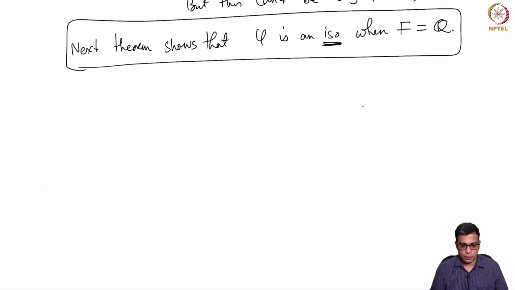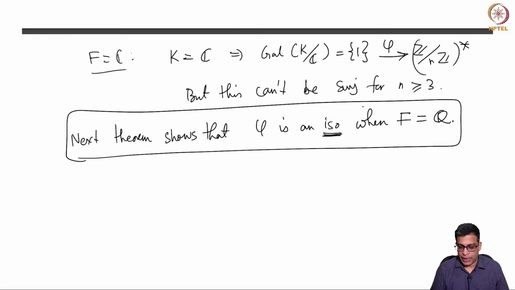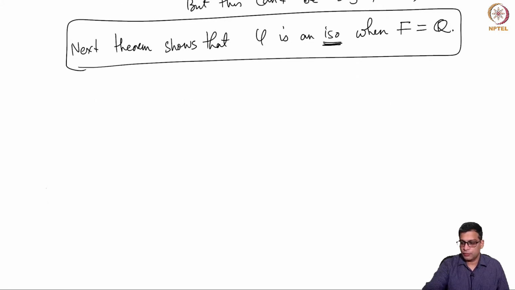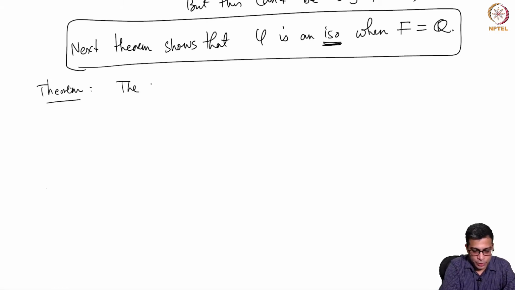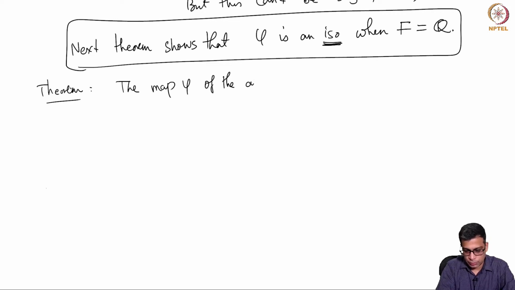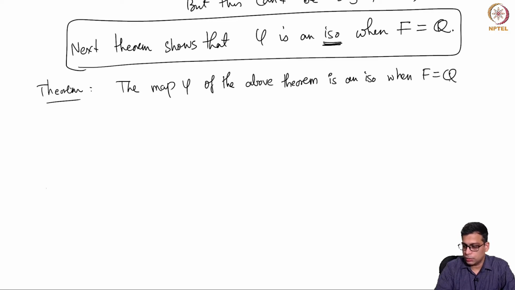So today we will prove that the map phi is in fact an isomorphism when the base field is Q. The map phi of the above theorem is an isomorphism when F is Q. Remember, of course, Q satisfies the star hypothesis because its characteristic is 0.